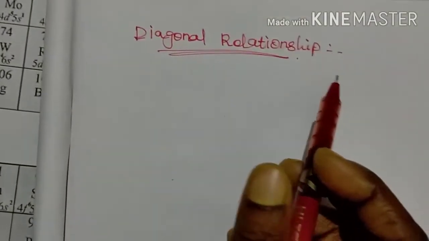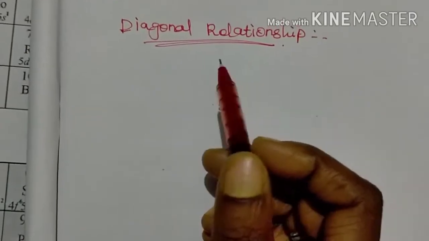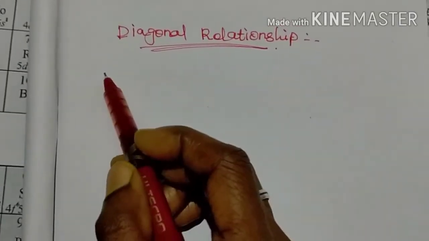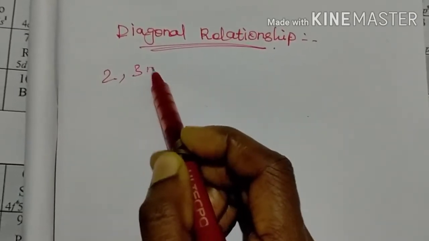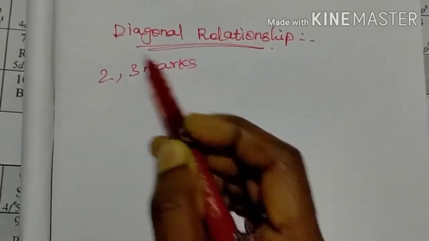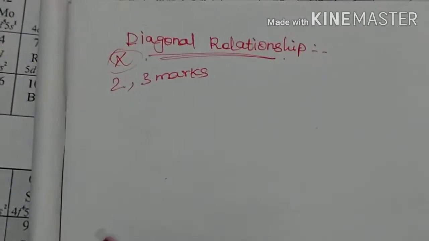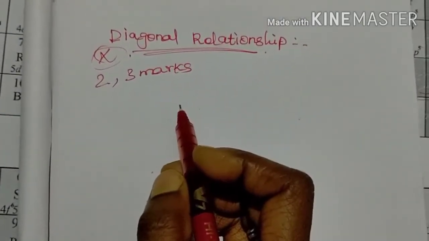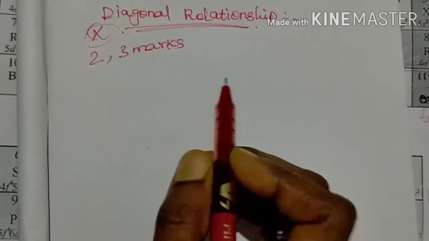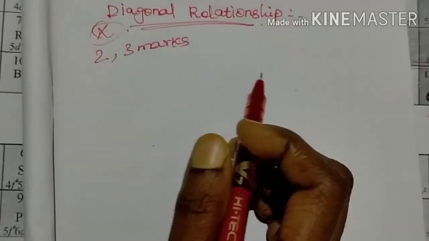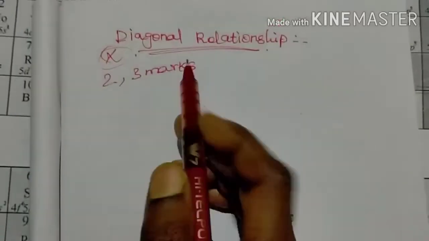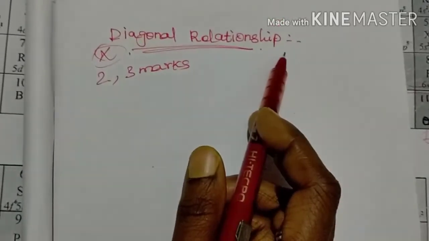One of the most important questions from this unit is diagonal relationship. Maybe there is a possibility it will be asked for 2 marks or 3 marks. The elements which are diagonally placed in the modern periodic table have similar properties.